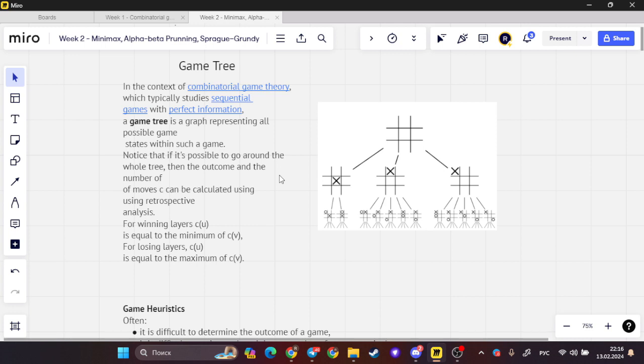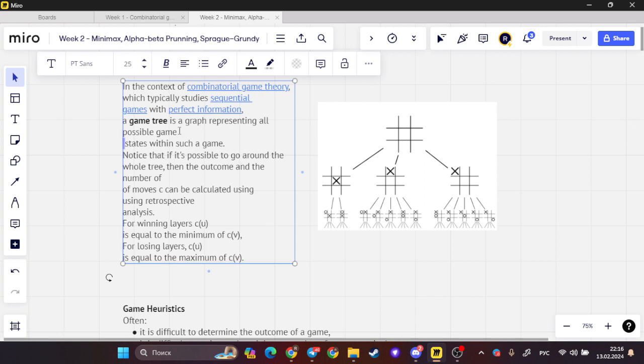Okay, so we define a new definition, the game tree. A game tree is a graph representing all possible games. It can be partial for some games, or it can be full. And for this game tree, in the same way, we define the counting function.